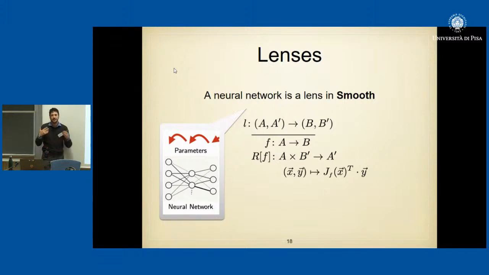Okay, so it's the typical thing you do when you take the reverse derivative of a function. In more formal terms, this J here is the Jacobian matrix that takes the partial derivatives of this f with respect to x multiplied by this y.